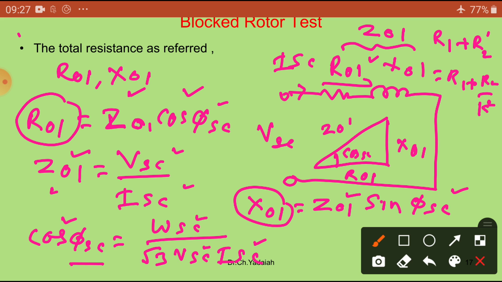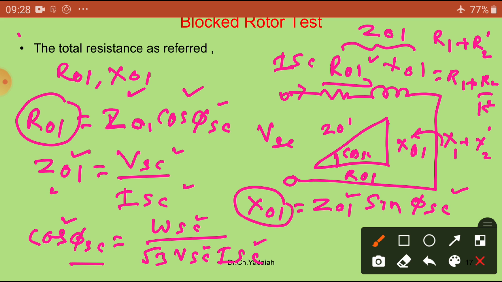From this I calculate the total value R01. Similarly, X01 is X1 plus X2 dash. So, these are the two parameters we find from the blocked rotor test.